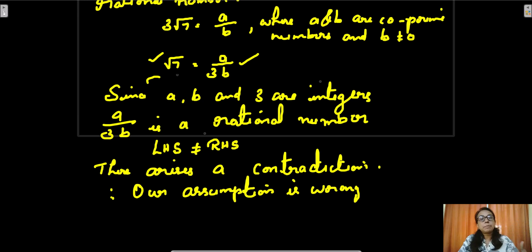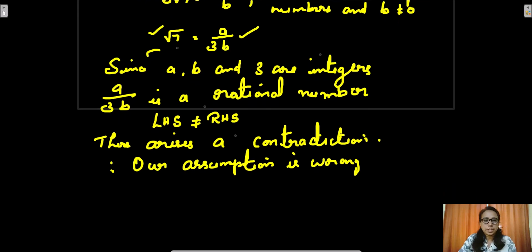At the end, what we are getting is that LHS is an irrational number and RHS is a rational number. So there arises a contradiction. Both are opposites: one is rational, one is irrational. It is not possible, so our assumption is wrong.